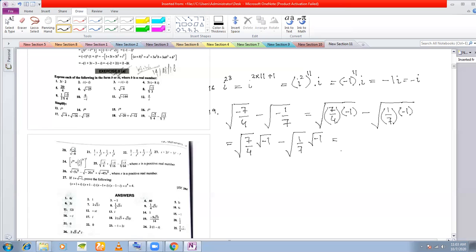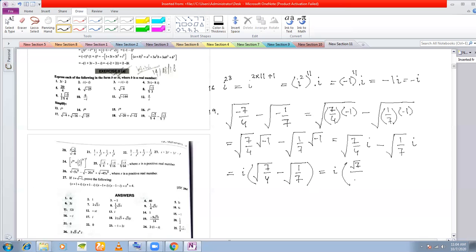So you can write this as root 7 by 4 I minus root 1 by 7 I. Okay, now you can take I common. I root 7 by 4 minus root 1 by 7. Okay, now what you can do is you can take LCM.